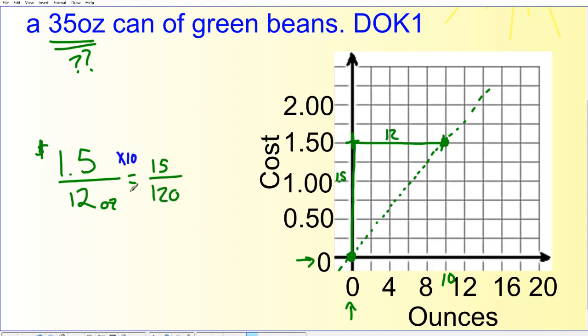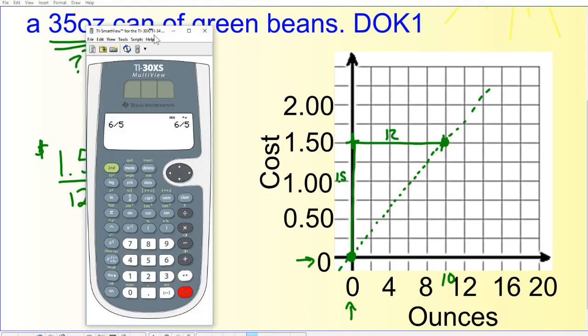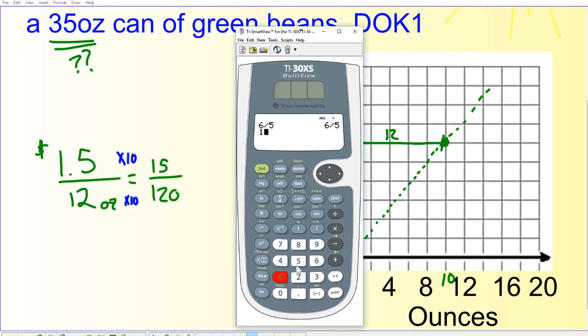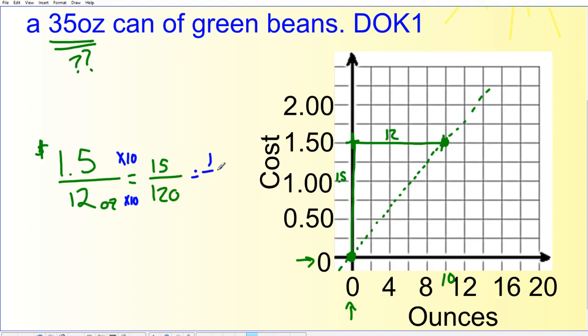Top times by 10, bottom times by 10, just to get rid of the decimal and simplify a little bit. Let's see. 15 over 120 equals 1/8. So $1 buys you 8 ounces. Does that help us get to our answer yet?